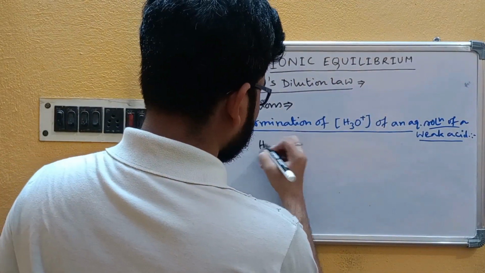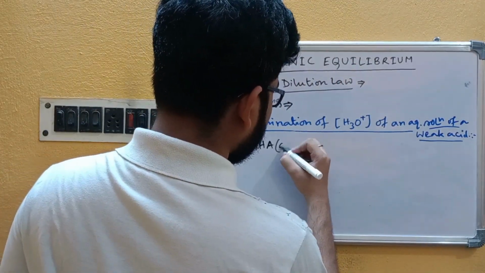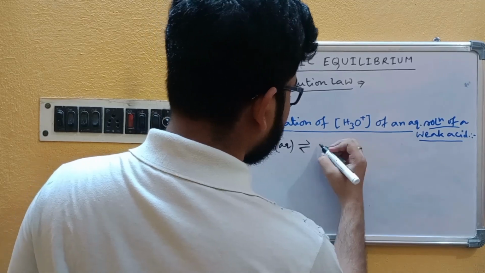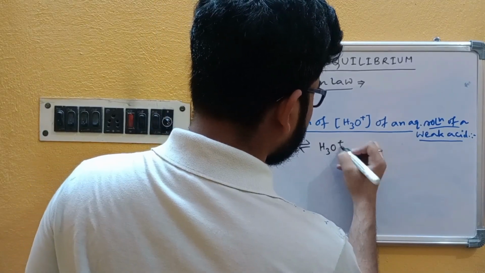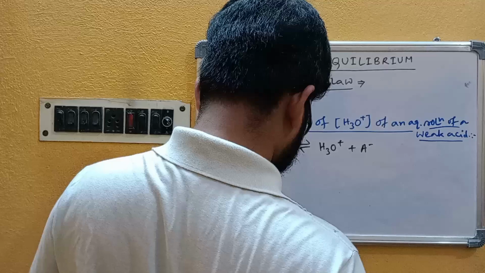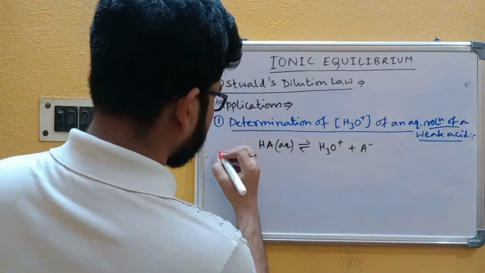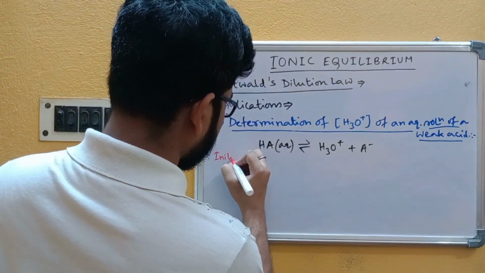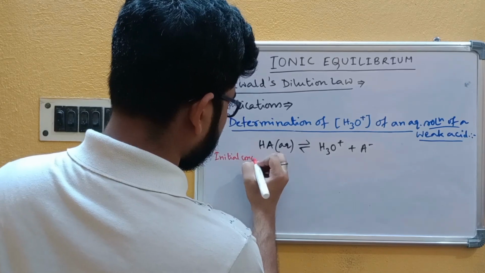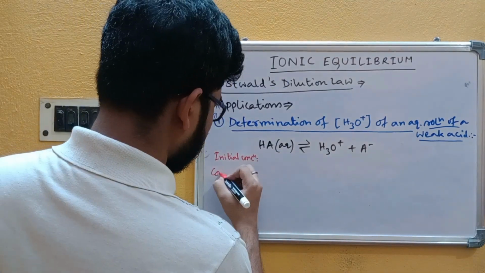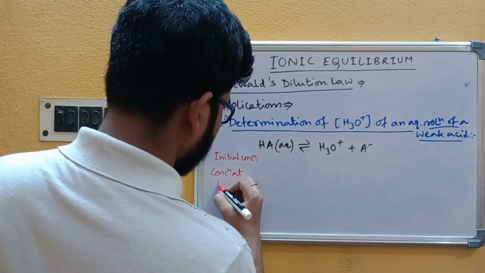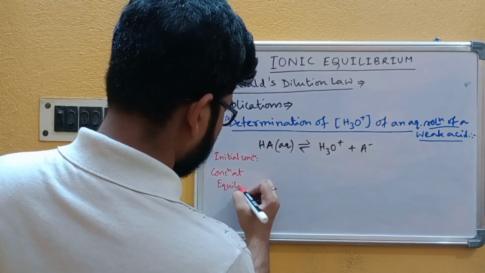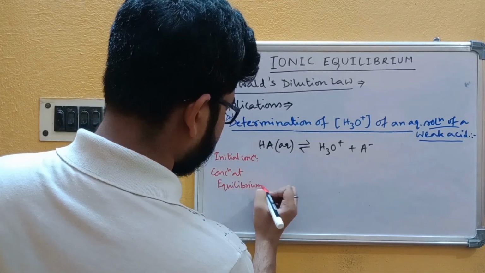Suppose HA is a weak acid in aqueous solution, it partly dissociates to H3O plus and A minus. Similarly we can write here the initial concentration and the concentration at equilibrium.